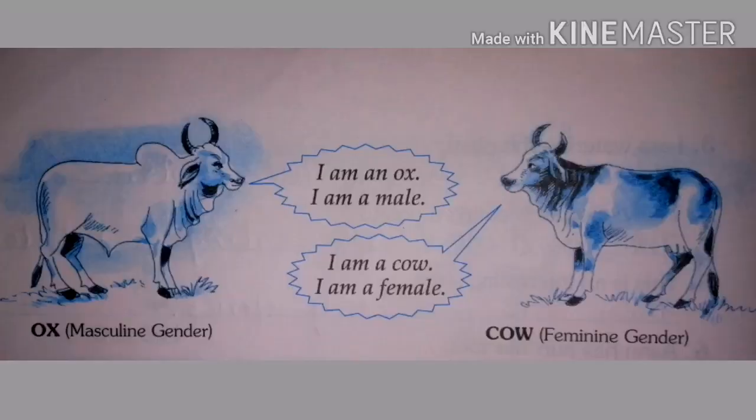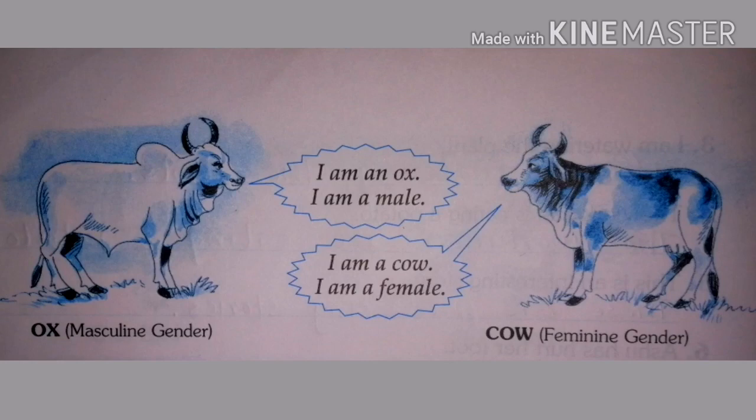Now let's see some more examples. I am an ox. I am a male. I am a cow. I am a female. Children, here you can see the difference. One is ox and that is a male.